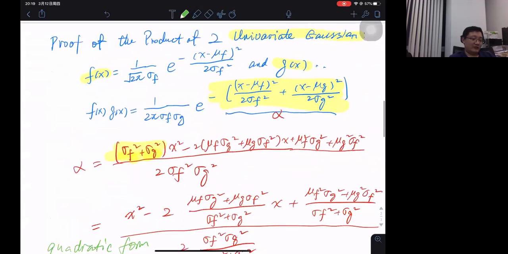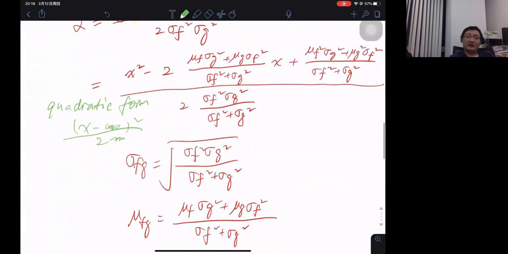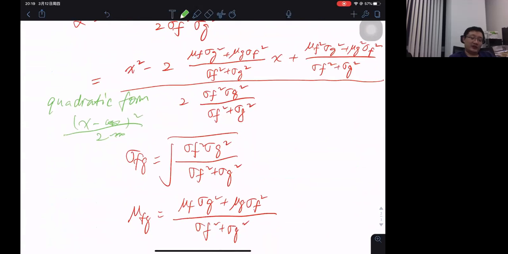So what is missing is just the mean and the variance. But we can estimate the mean and the variance. Consider this as x squared minus 2 times something times x, then plus something squared.